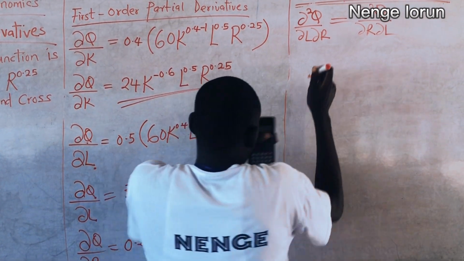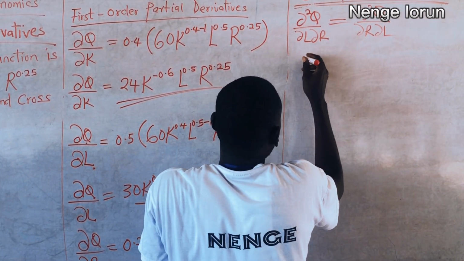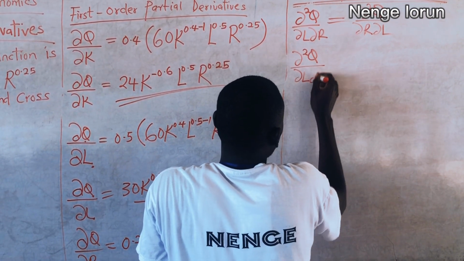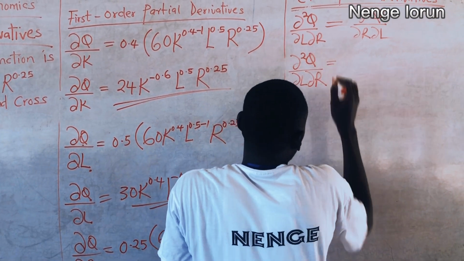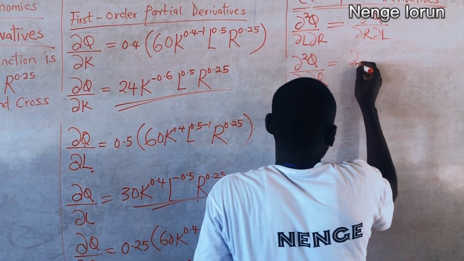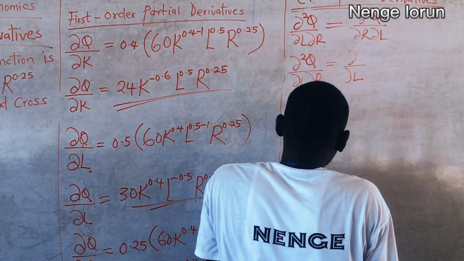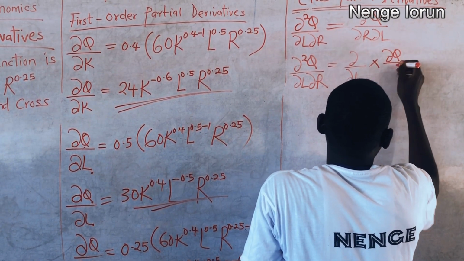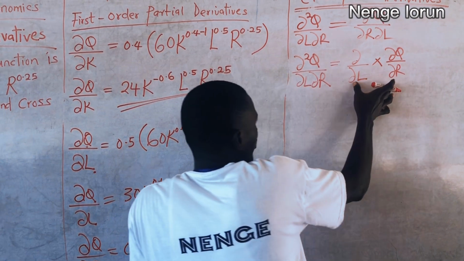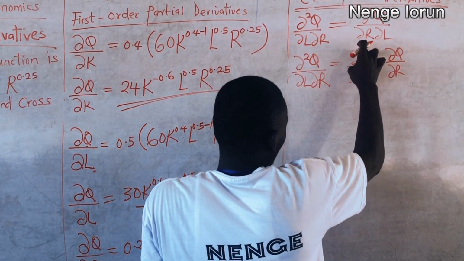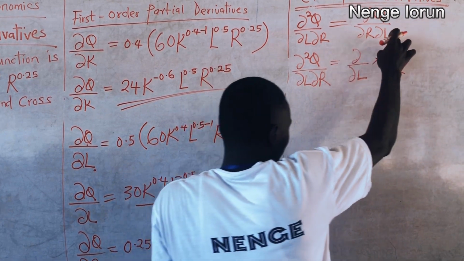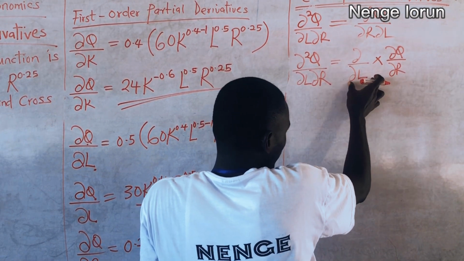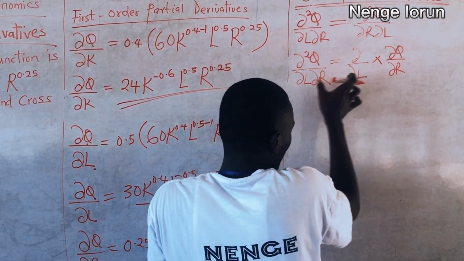So now, for this aspect, the second order cross-partial derivative of q with respect to L with respect to R is equal to the cross-partial derivative with respect to L times the cross-partial derivative of q with respect to R. This is just the same thing with this, because this cross-partial derivative times this one will give you the cross-partial derivative squared, then q. Then the cross-partial derivative of L times this will still give you this.